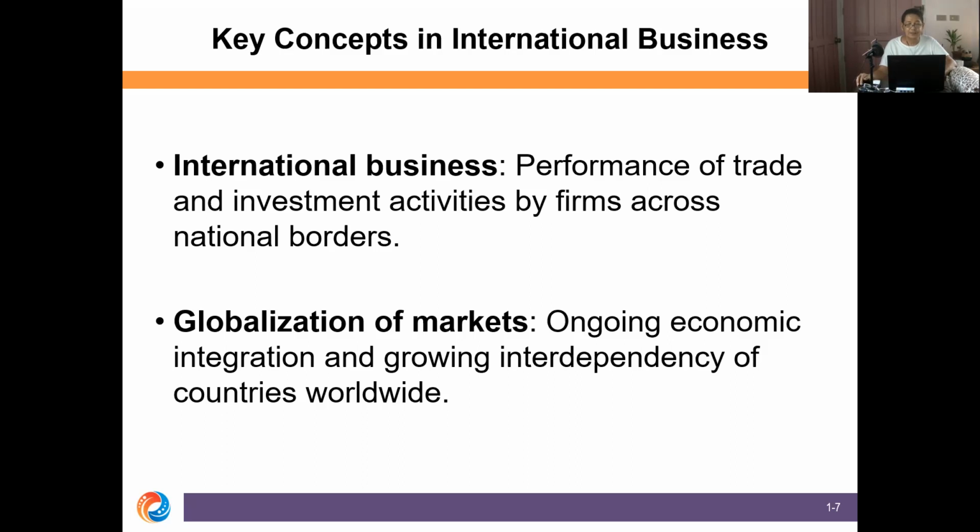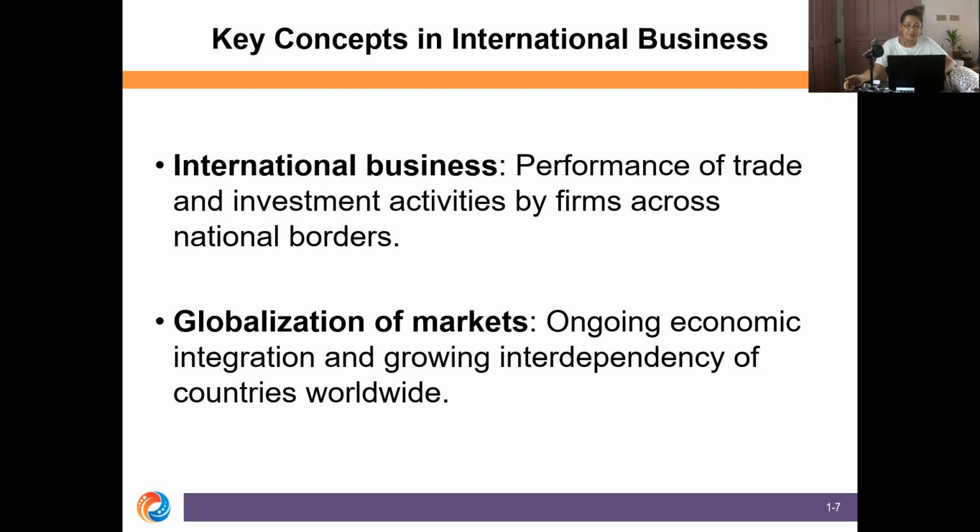Supposing you have your business here in the Philippines and you operate outside the country, that is level one, international business. And level two is globalization of markets.